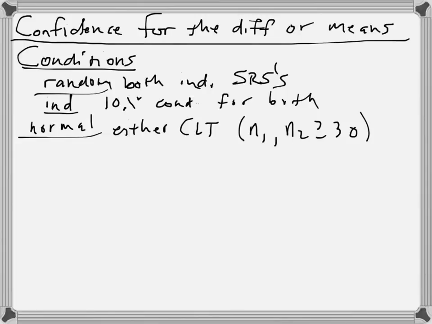Again, I'm not going to mix and match anymore. We're not going to say one can do this, one can do that. Our problems are not going to get that intricate. Or both populations are normal to begin with, or follow a normal distribution.